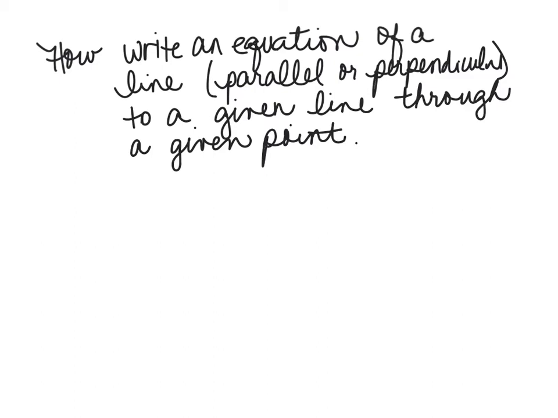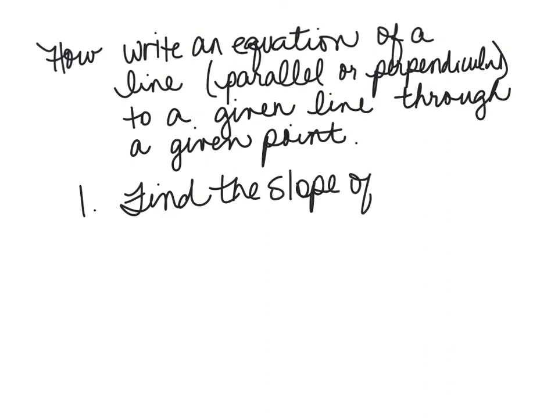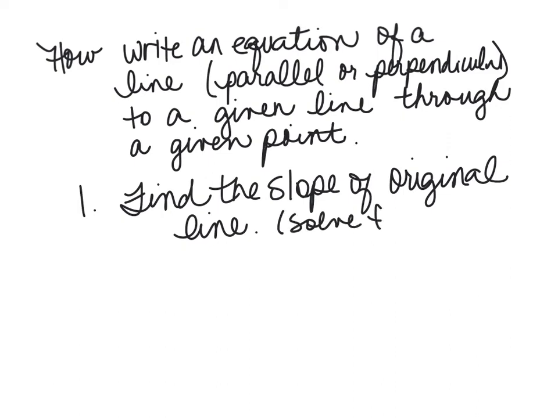Okay, so our first step is you're going to find the slope of the original line. So that means if it's not in y equals mx plus b form, then you should solve for y and put it in y equals mx plus b form.